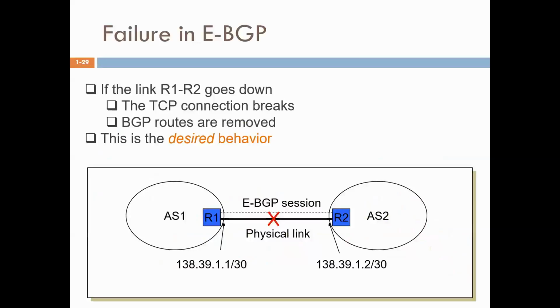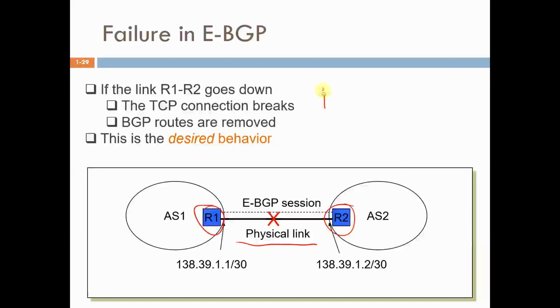First of all, we said that in order for BGP to work, the routers actually have to establish a TCP connection between them. In eBGP, the TCP connection is actually established over a physical link, meaning that the TCP connection, which is the logical connection, is over the same physical connection. The endpoints of TCP, in this case, are R1 and R2. Okay?